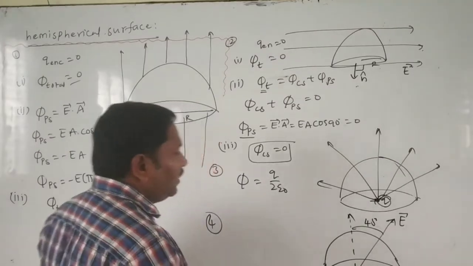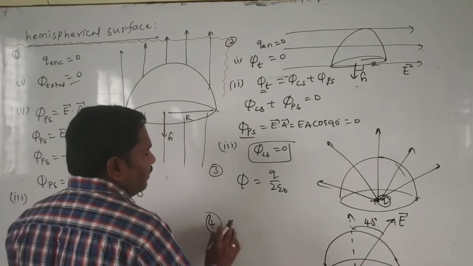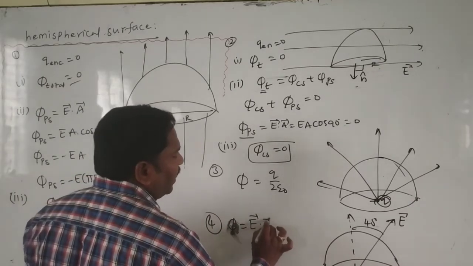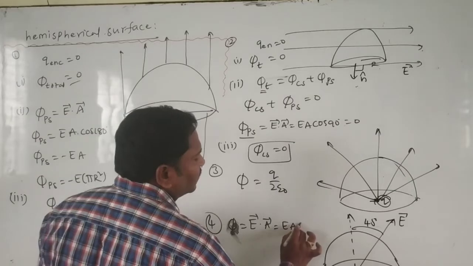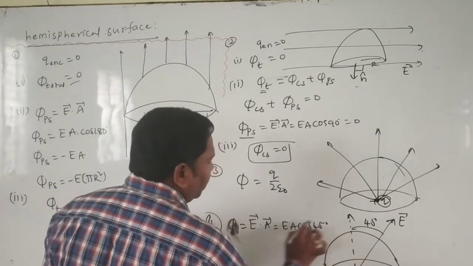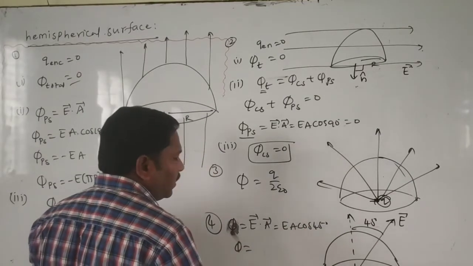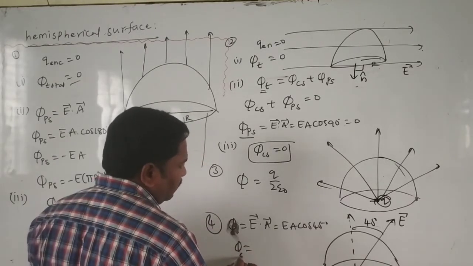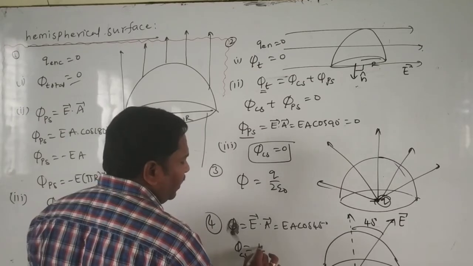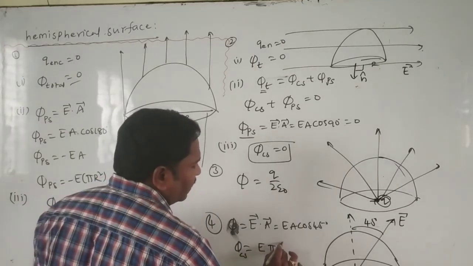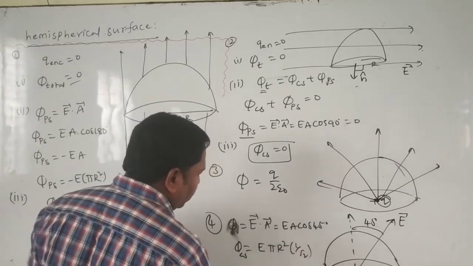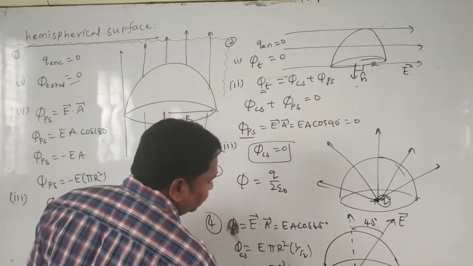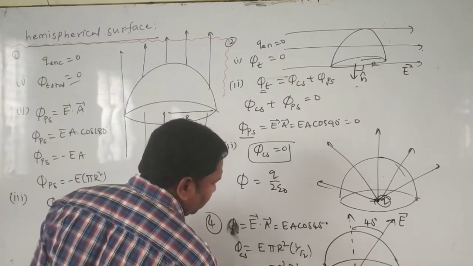The formula is phi equals E bar dot A bar, so E A cos 45 degrees. For the curved surface, phi is E into pi r square into 1 by root 2. So phi CS is equal to pi r square E by root 2. That is the answer.